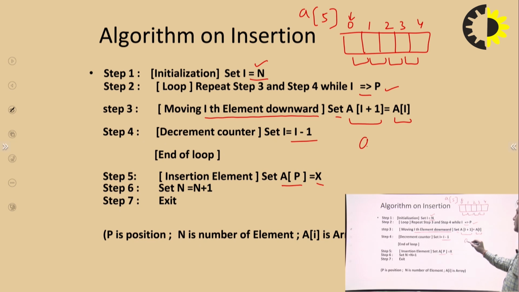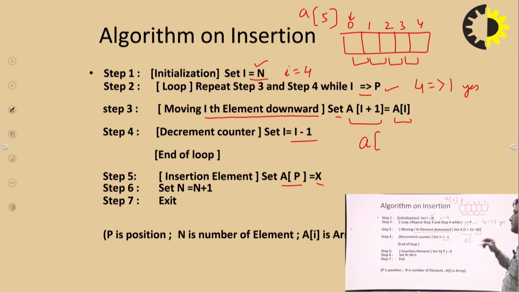For example, this is my array A, index I plus 1. What is this I? For example, I is equal to 4, right? Now I am going to insert an element at the first position. Is 4 greater than or equal to 1?